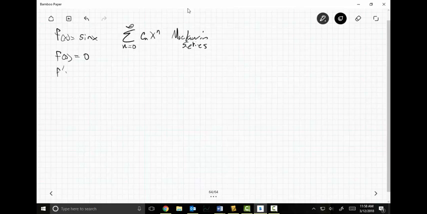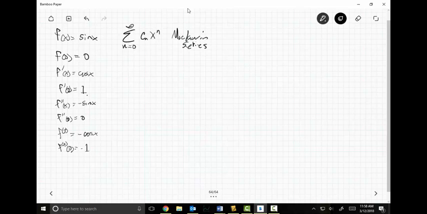Anyway, so f of 0 equals 0. f prime of x is equal to cosine of x. f prime of 0 is equal to 1. f double prime of x is equal to negative sine of x. f double prime of 0 is equal to 0. The third derivative of x is equal to negative cosine of x. The third derivative at 0 is equal to negative 1.